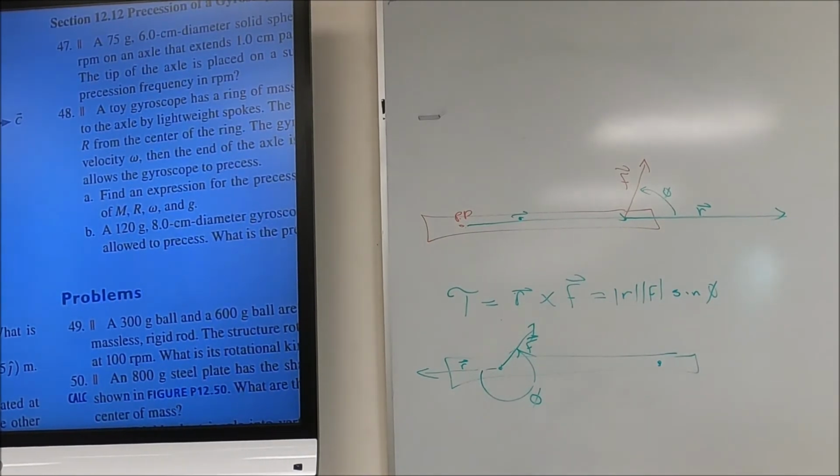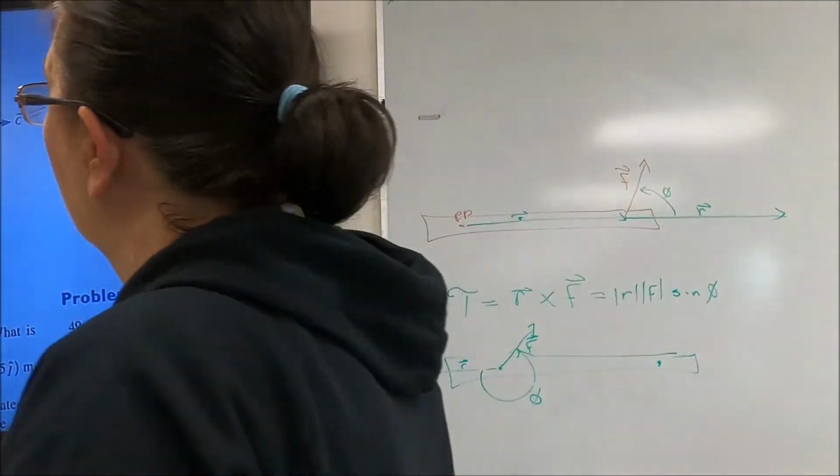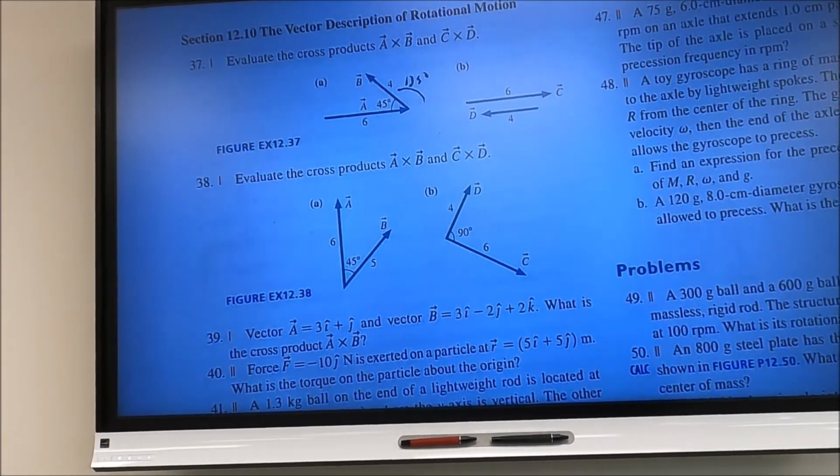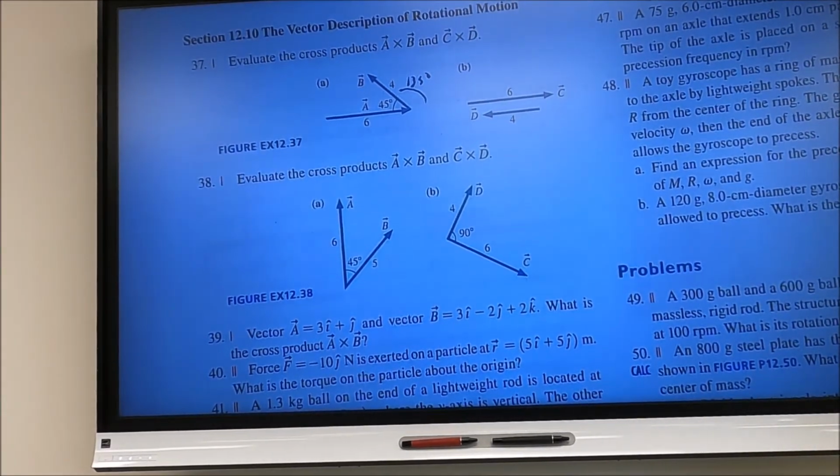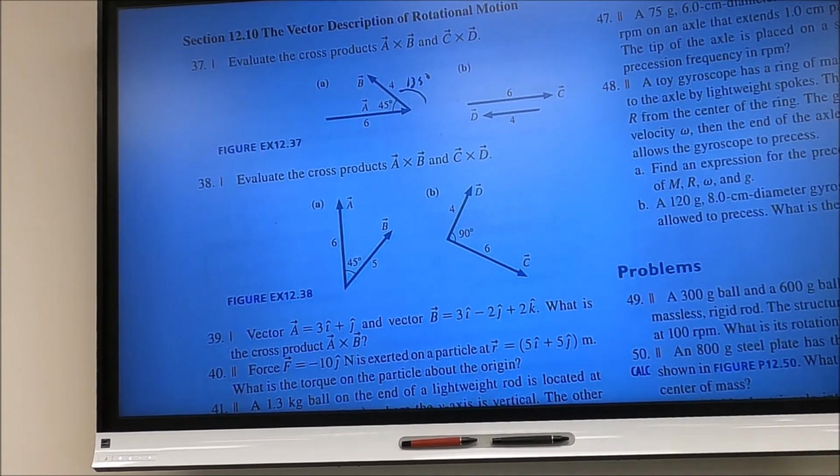Now, if I look at 37A, it says find the torque, and we are given a vector B that has a magnitude of 4 units and a vector A that has a magnitude of 6 units, and we're given a 45-degree angle there.